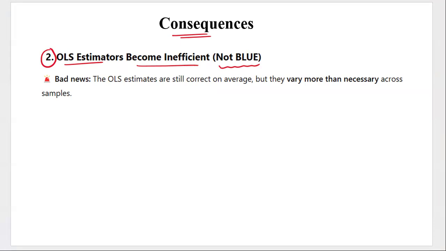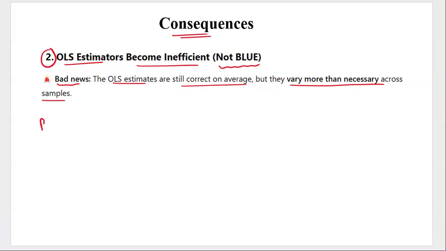But if heteroscedasticity is present, the variance will not be the minimum variance, which is obviously bad news. The OLS estimators will still give the correct value on average, as we proved in unbiasedness, but they vary more than necessary across the sample.